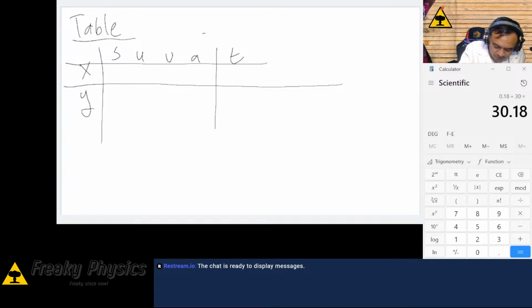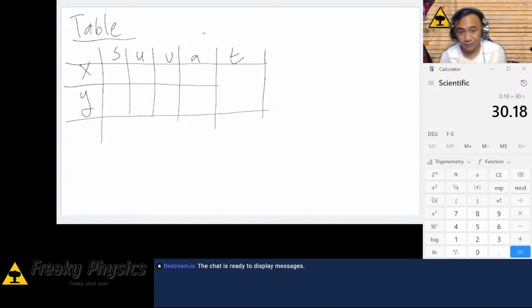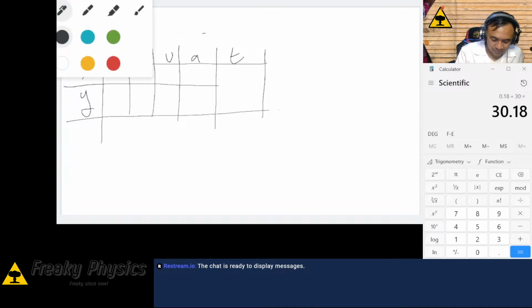But you will notice that I'm going to erase the t, because the time for x and y will happen at the same time. Whatever's going to happen in x is going to happen at the exact same time as y. So this table is for projectile motion only.